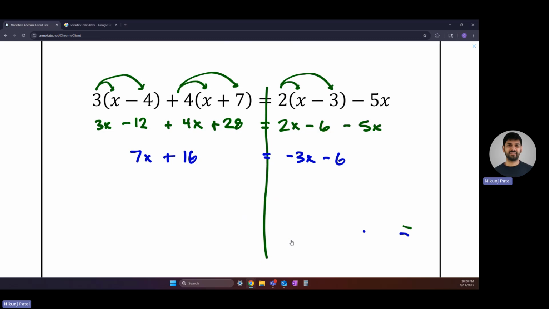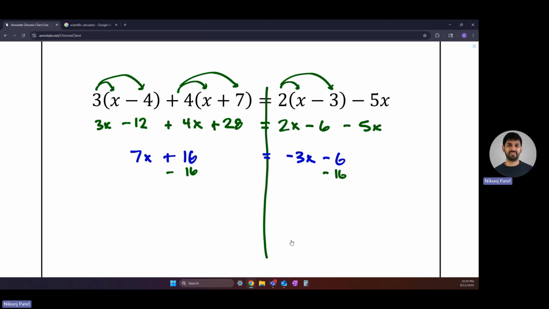So we always combine on separate sides. We never combine across the line unless we negate or we invert whatever we're trying to combine, right? So we don't do 16 minus 6, right?